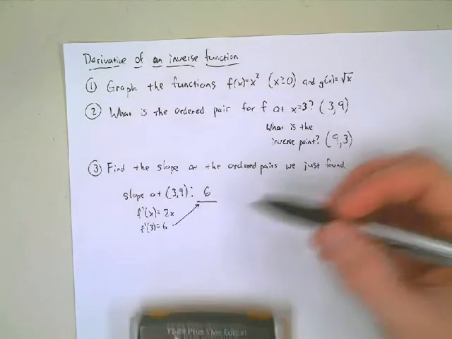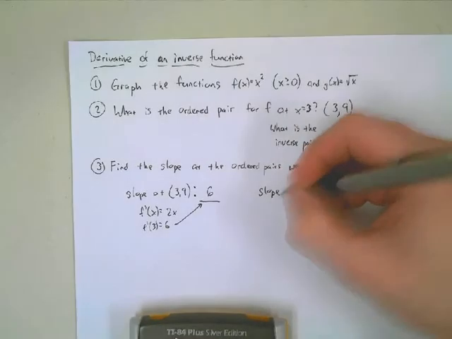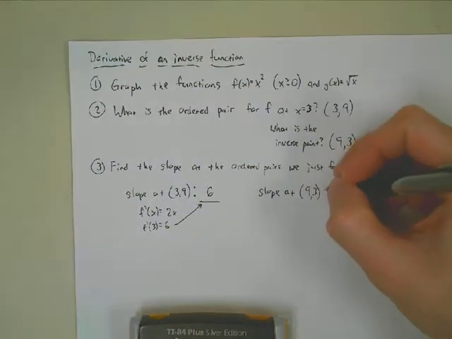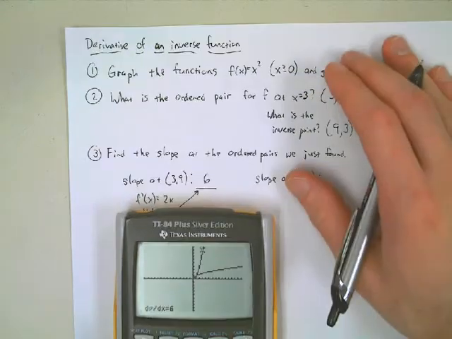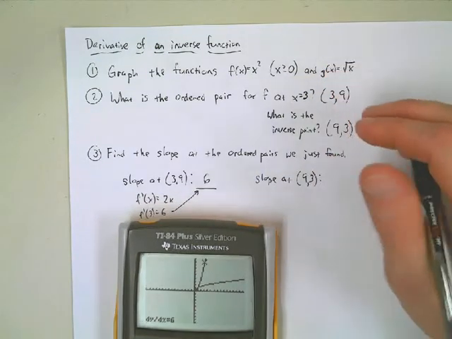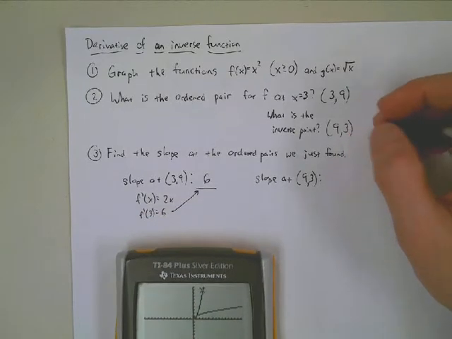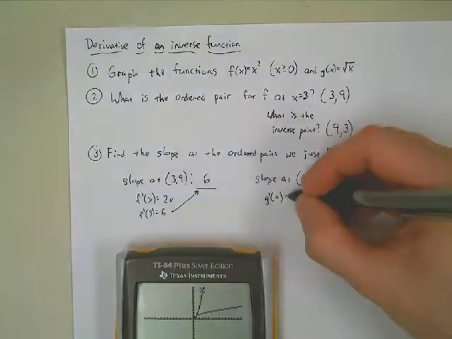All right, now we're going to find the slope at the other point, at the point 9, 3. That's on the inverse function, which is the square root of x. So I could say here g prime of x is equal to what? 1/2 x to the negative 1/2.